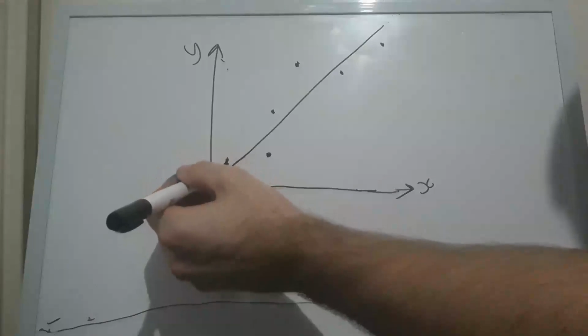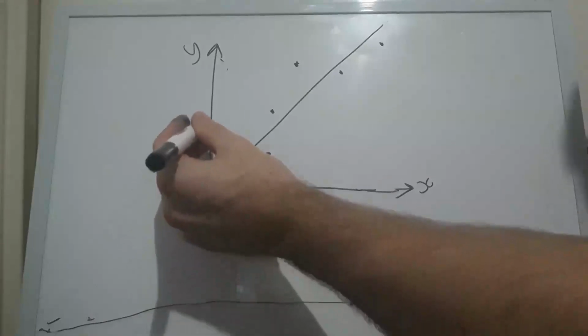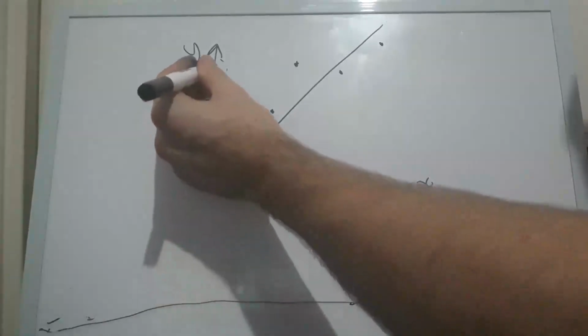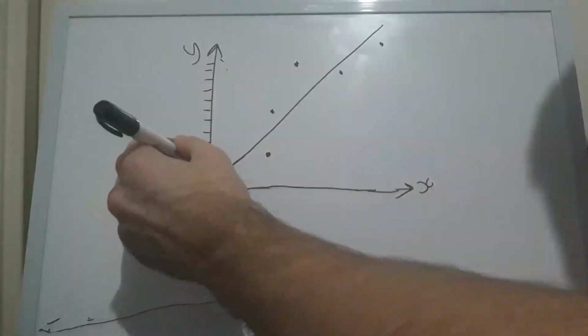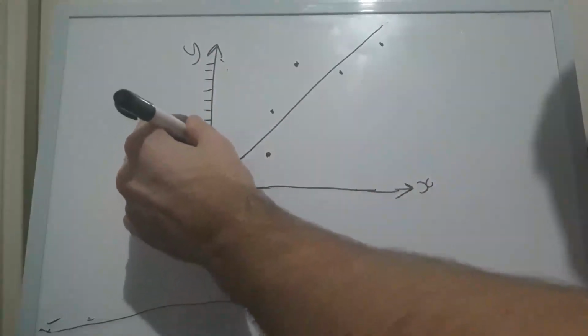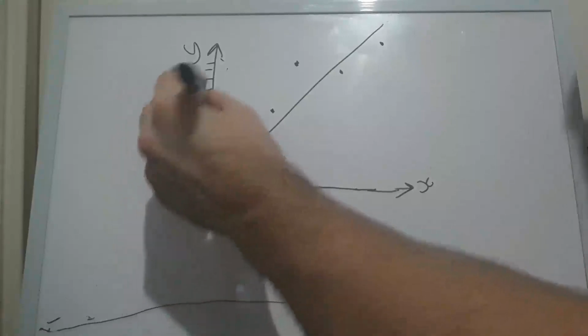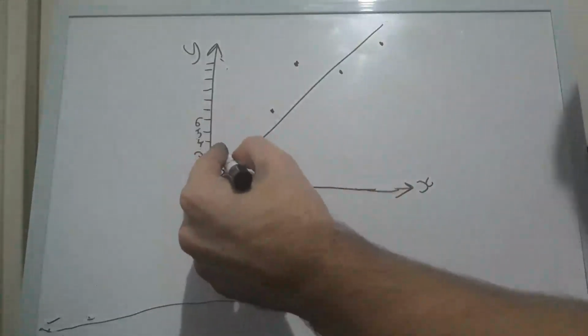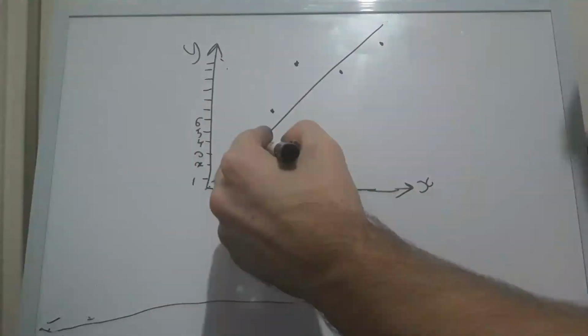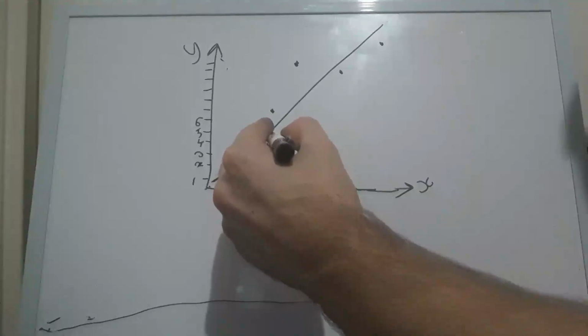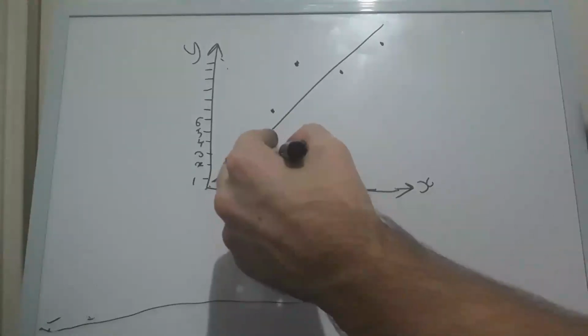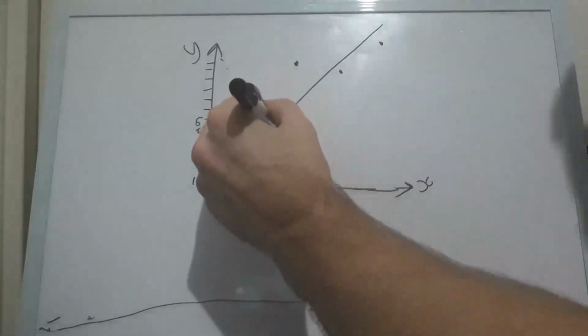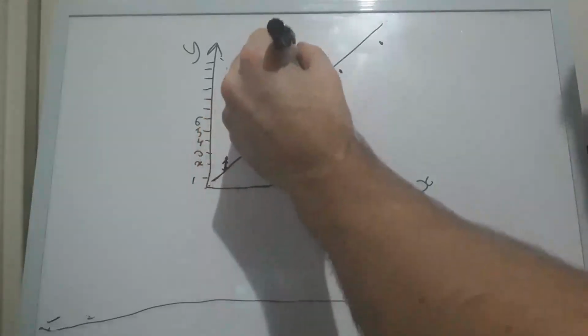So let's say you have points numbered 1, 2, 3, 4, 5, 6, and so on. The distance between that point and the line might be a residual of 1. The distance between this point and the line might be a residual of 2. Here, maybe a residual of 0.1.